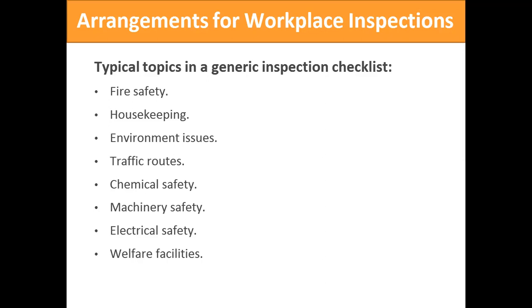Then welfare facilities, like toilets, the hygiene system for the toilets, and how we are cleaning the toilets. Then the dining hall for the workers, the dining hall for the staff, the resting area, the offices, the first aid provisions, transportation, and the accommodation of the workers, how they are living in the rooms, and recreation for the workers.